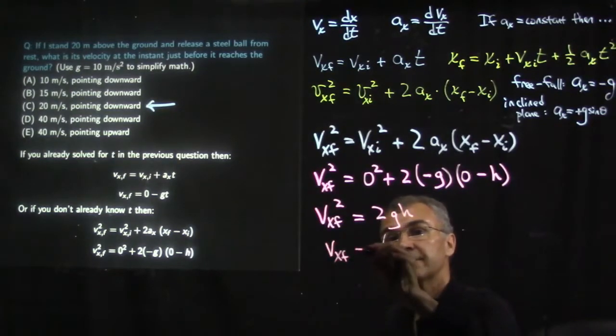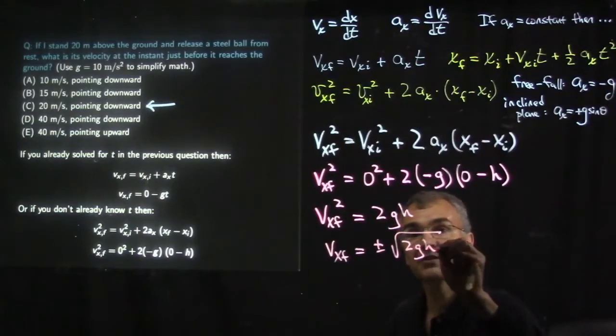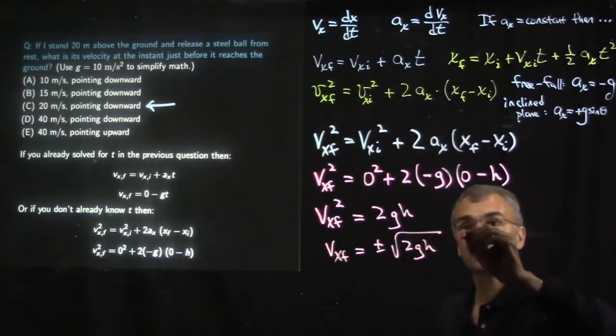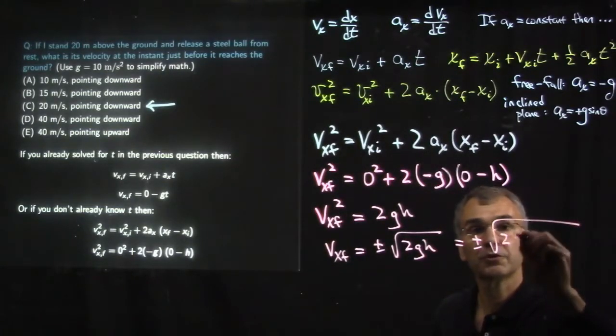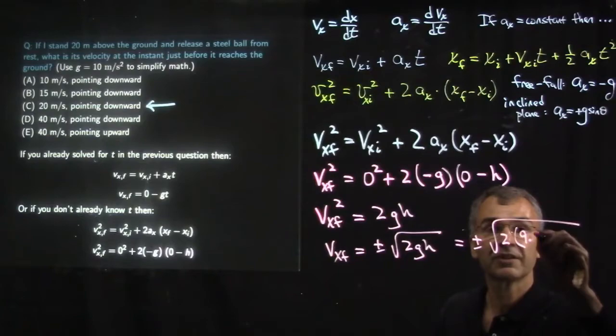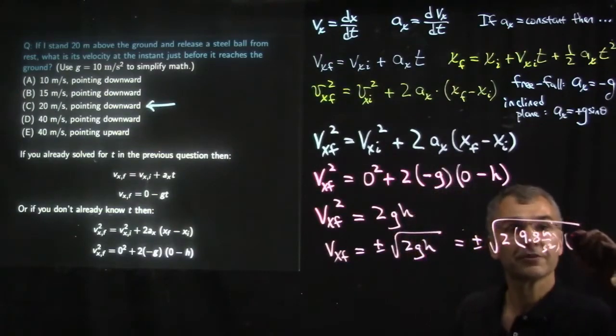Vx final is plus or minus the square root of 2gh. So that's plus or minus the square root of 2, and then we could say 10, but let's say 9.8 meters per second squared, and then 20 meters.